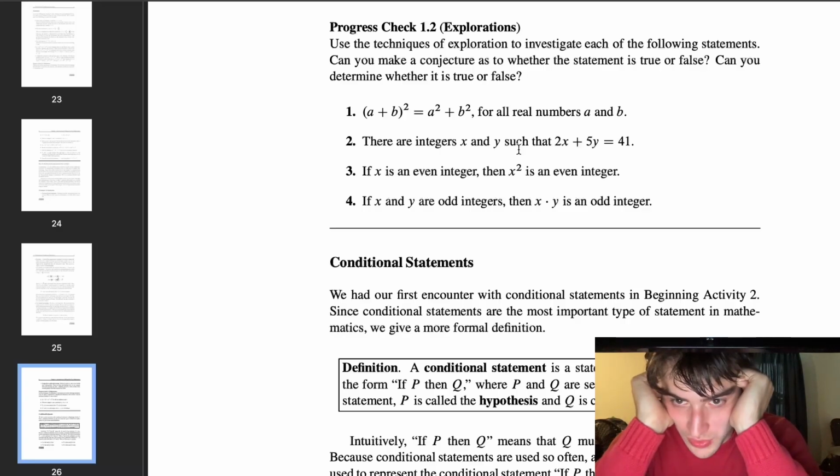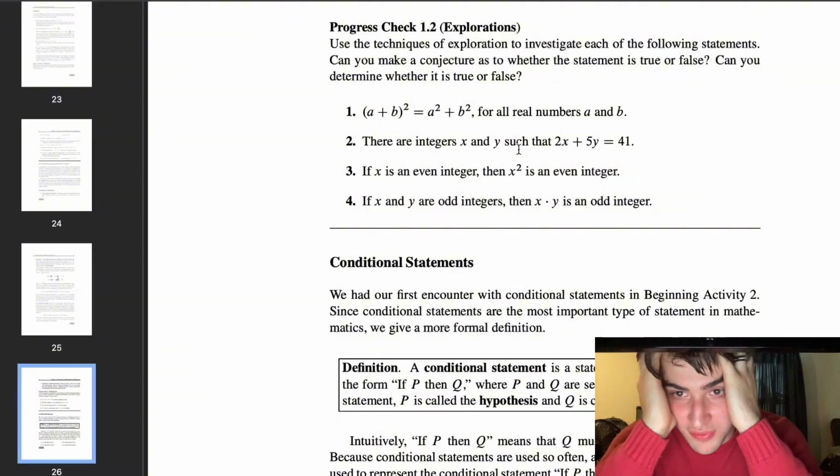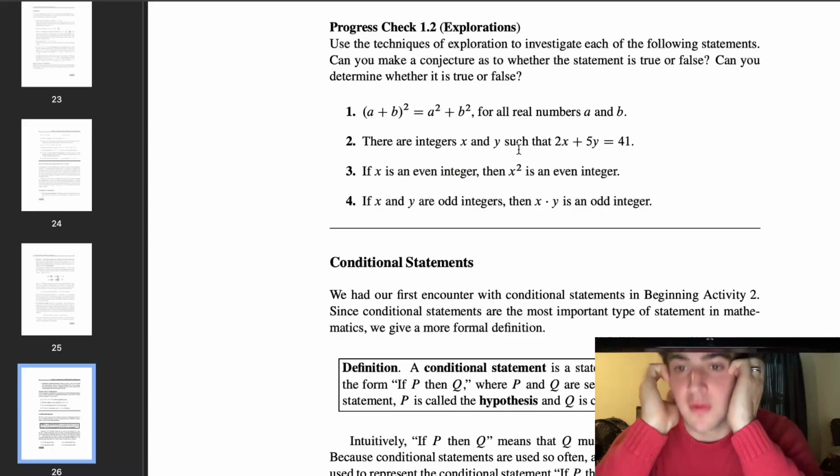This is a little tough, but let's do y equals, let's say 7, maybe. So 5 times 7 equals 35. 35 plus something equals 41. That would have to be an odd number, though. 41 minus 35 is, no, 41 minus 35 is 6.